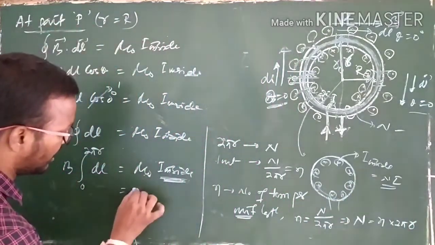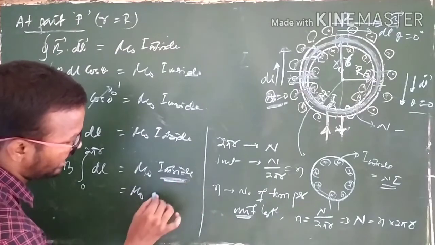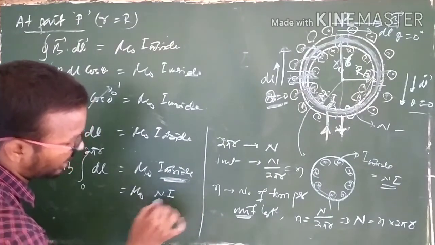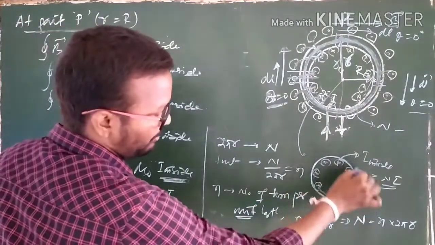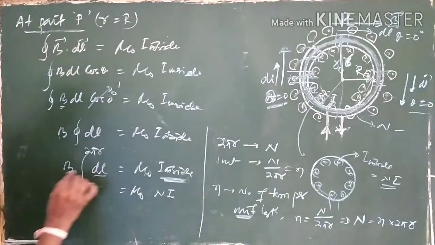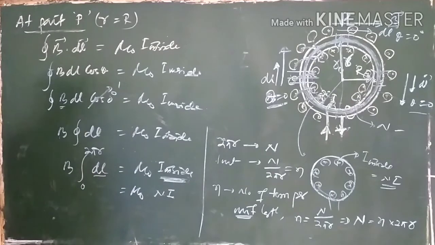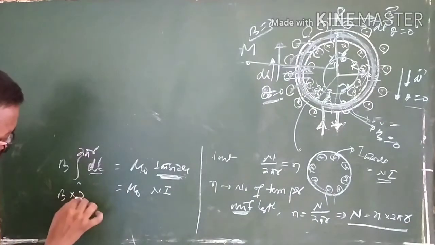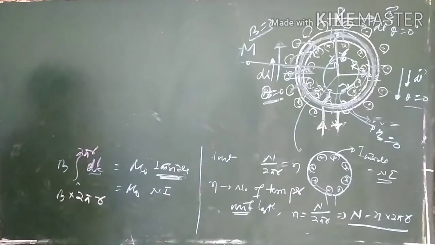So you can write mu naught times I inside equal to N I, the current going through the Amperian loop. If we integrate using the upper and lower limits, we can write B into 2 pi r. Clear?